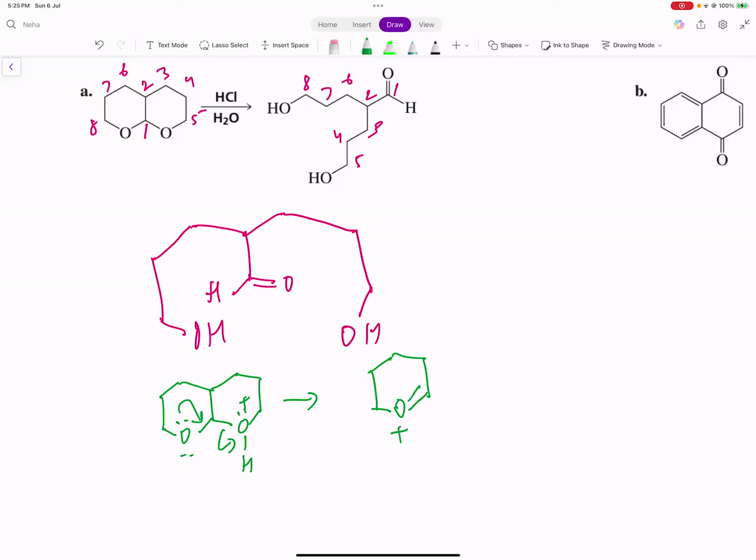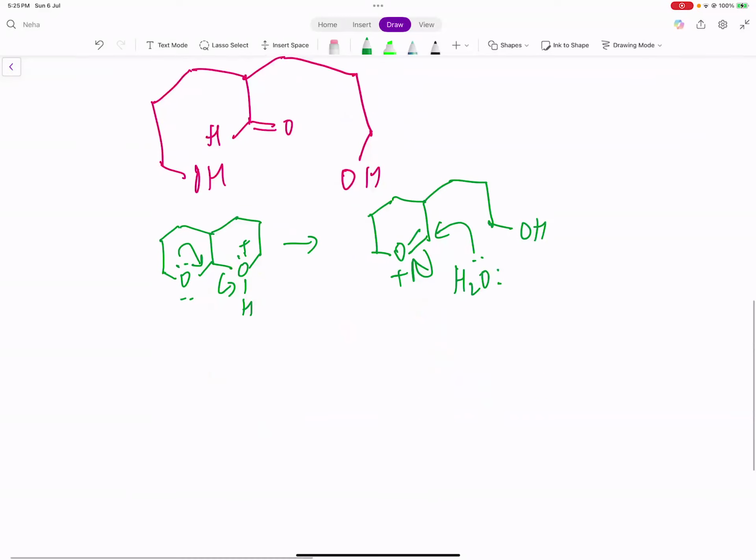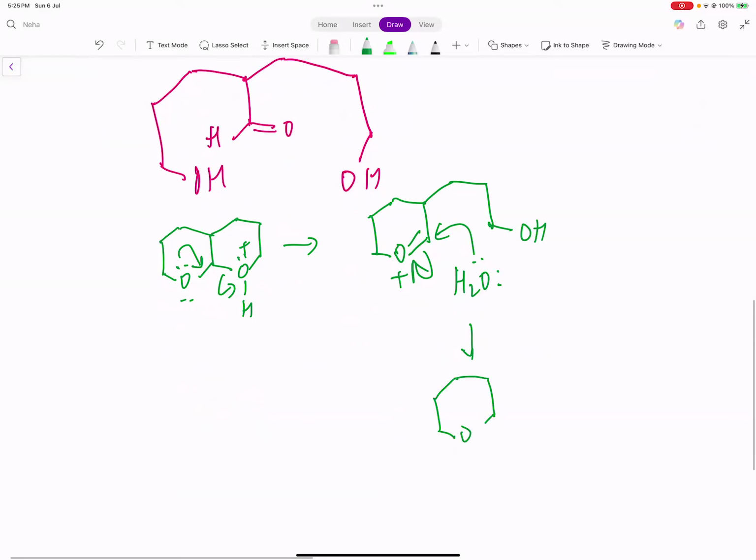Oxonium ion forms, and I have this OH, and then water attacks this carbon. This opens up, and I'm losing the proton in a single step. Got it? Yes, I got it. Then this protonation takes place, then this.